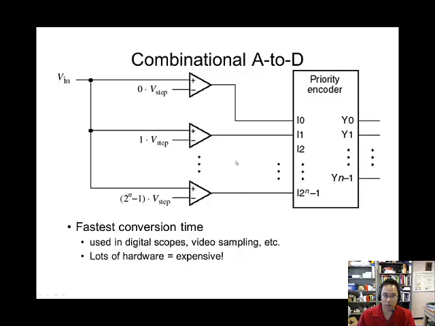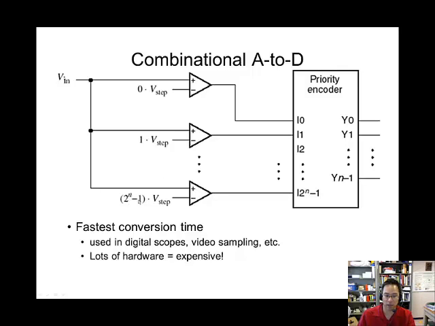And so you can imagine, okay, if we create a whole bunch of different reference voltages, this would be 0 volts, and this is going to be a 1 volt step up. The size of the step is determined by the dynamic range that you want, that is, the maximum voltage of the signal you want to convert, and also by the number of bits.